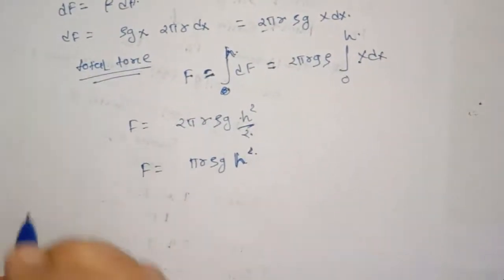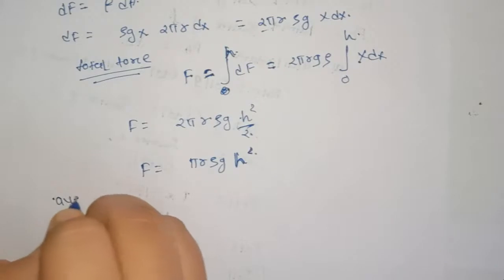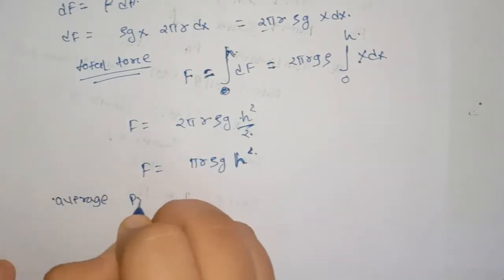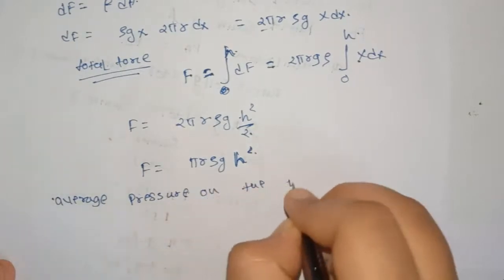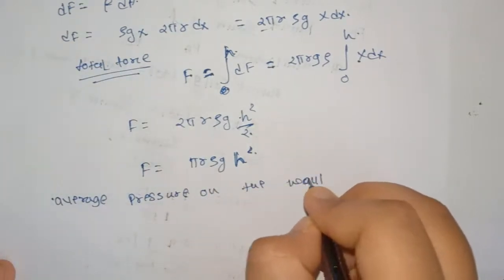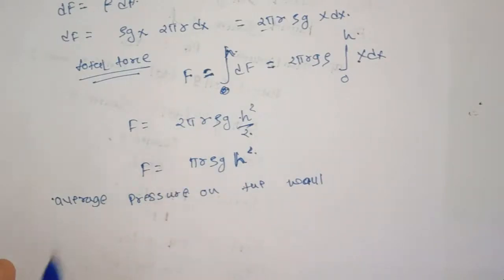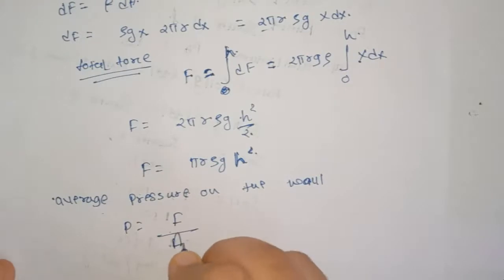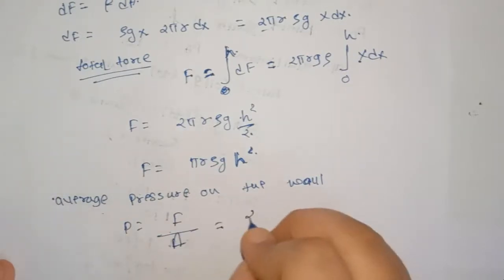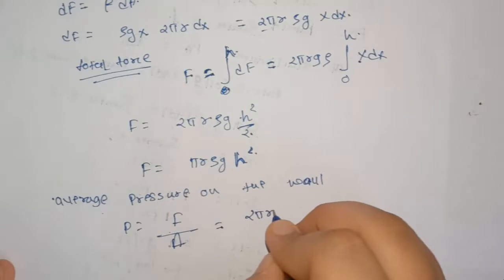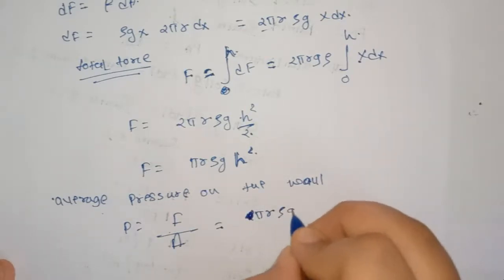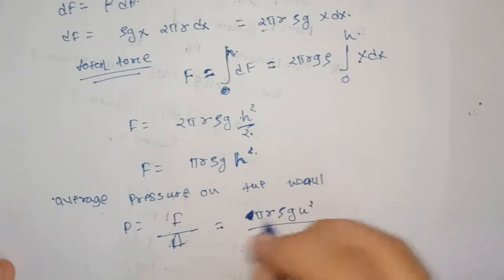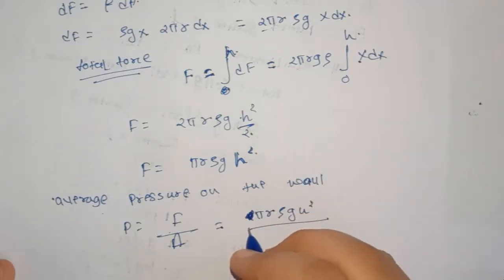Now the average pressure on the wall, it is the force in all the directions. So average pressure on the wall will be force upon area of the wall. So pi r rho g h square divided by area.